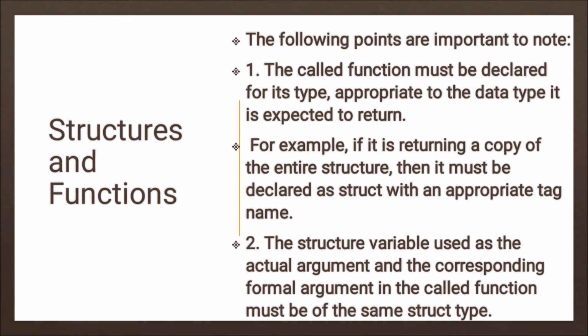The called function must be declared for its type appropriate to the data type it is expected to return. So it is the common rule of function declaration. For example, if it is returning a copy of the entire structure, then it must be declared as struct with an appropriate tag name.